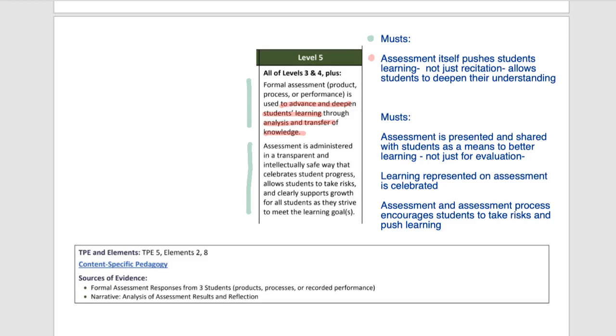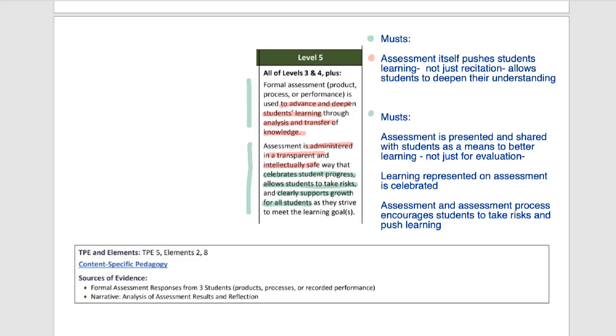Okay. The second block: assessment is administered in a transparent and intellectually safe way that celebrates student progress, allows students to take risks, and clearly supports growth for all students as they strive to meet learning goals. And musts on this one. Okay, so think about assessment in your classroom as not something that's on the side that you do when you need to just get measurements or information from kids, but is integrated into the learning cycle itself.